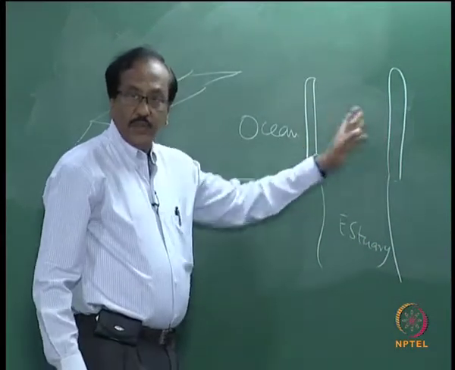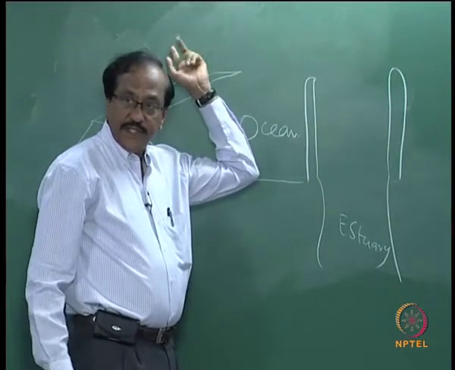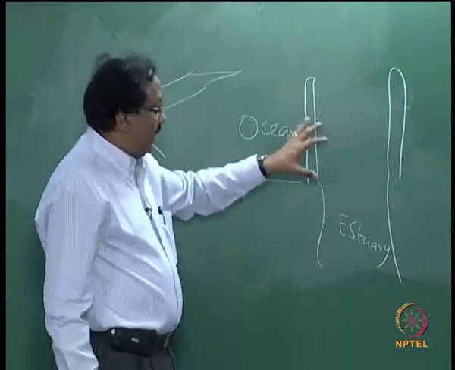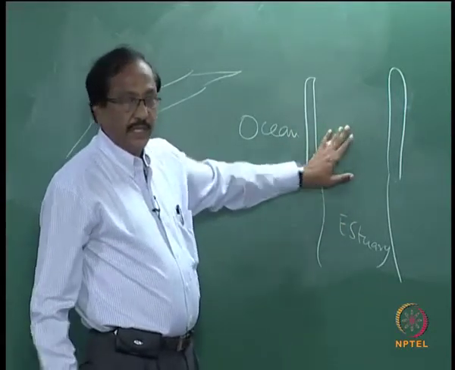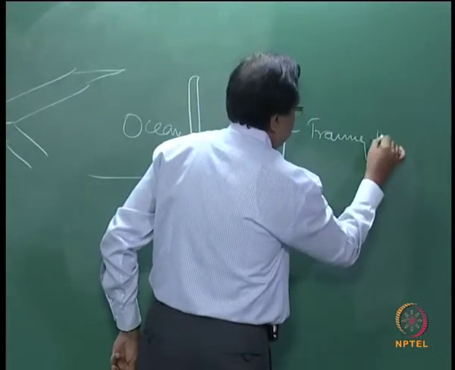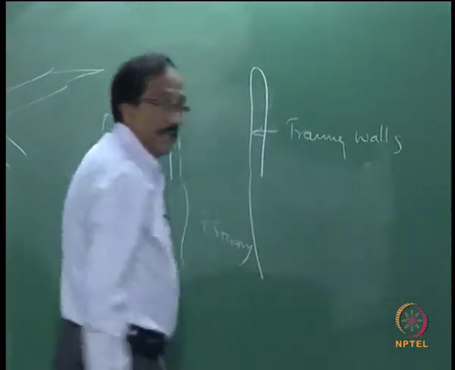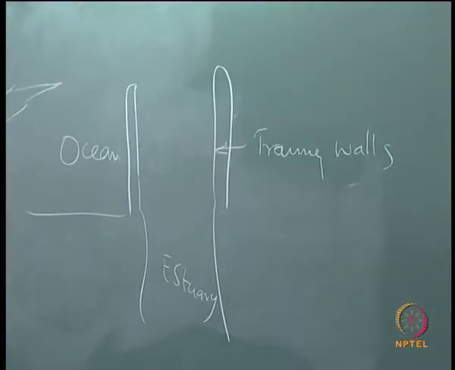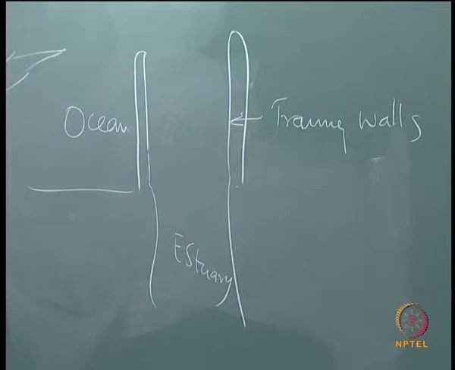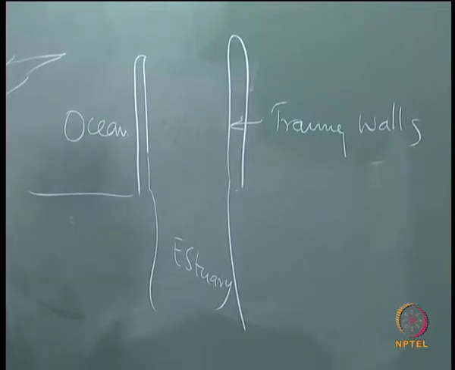If there are two structures like this, to allow free navigation and to prevent the sandbar formation, then they are called training walls. The cross section may look the same, but it has its own name because of the purpose for which it is used.